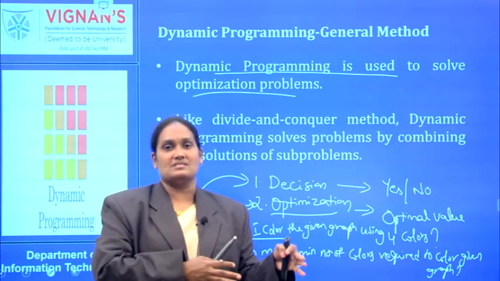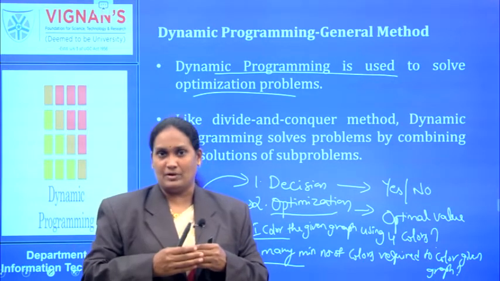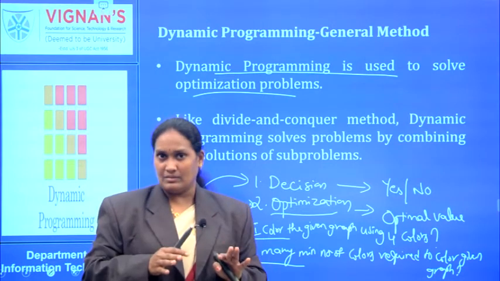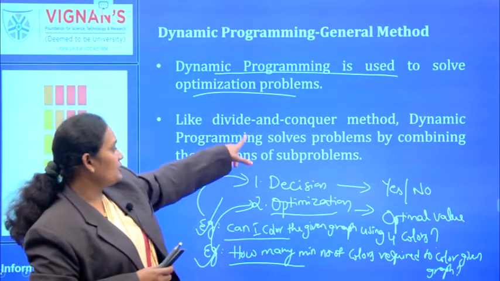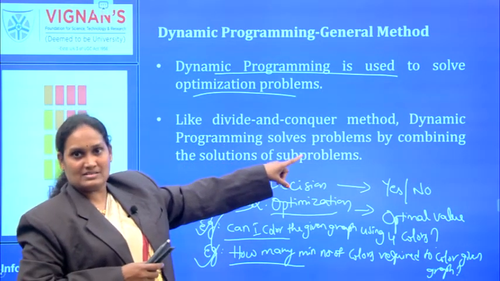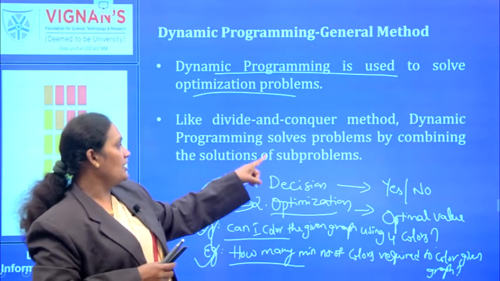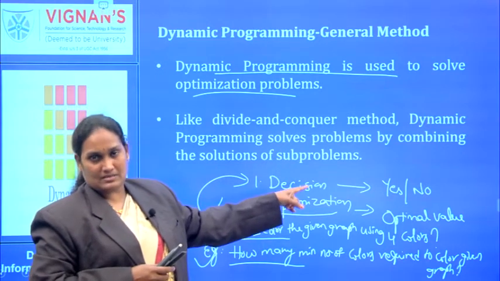Those subproblems are solved and the solutions are combined to get the solution of the given problem. In the same way, we are going to do it in dynamic programming also. Here also we solve the problems by combining the solutions of subproblems.